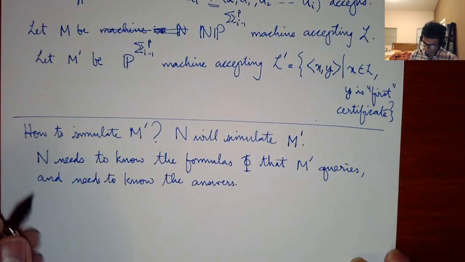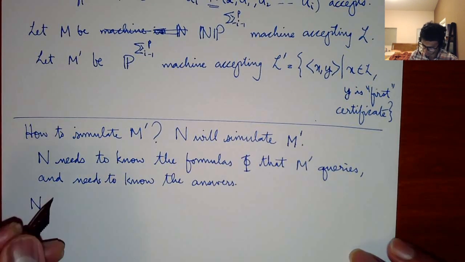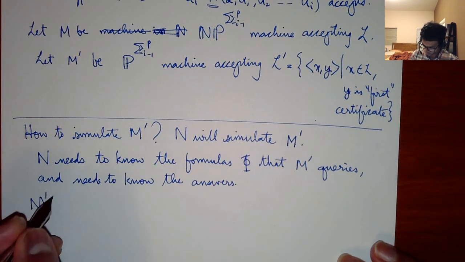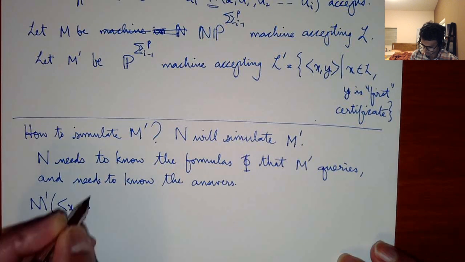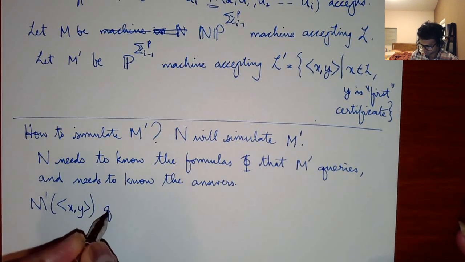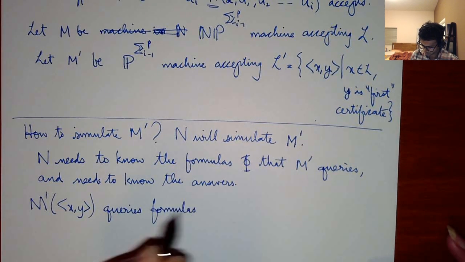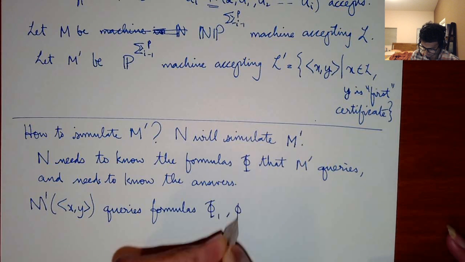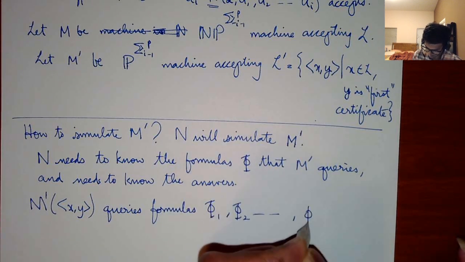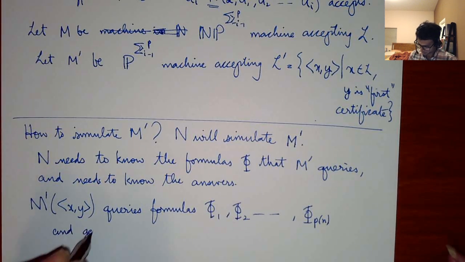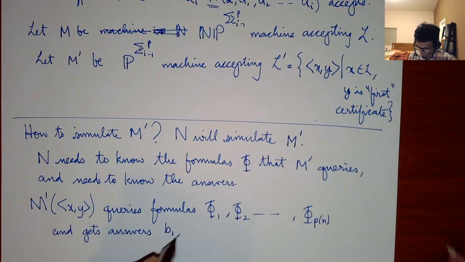So what we can say is N x, so let's just take M prime, right? And M prime is going to take as input xy. Let's say it queries formulas phi 1, phi 2 up to phi of Pn and gets answers B1, B2 up to B of Pn.